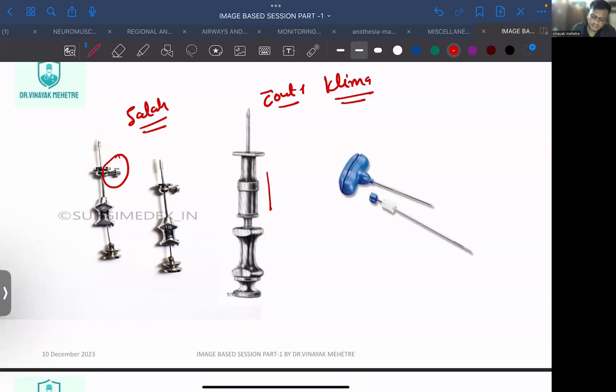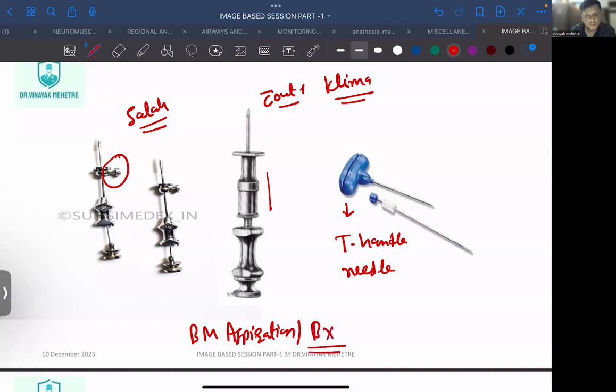And if you look at this one, it looks like a T, so it is a T-handle needle. We use these needles for bone marrow aspiration and biopsy.